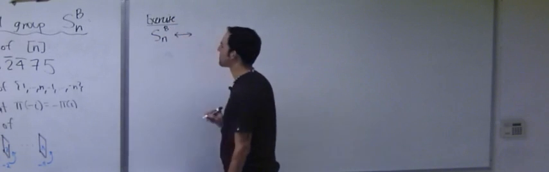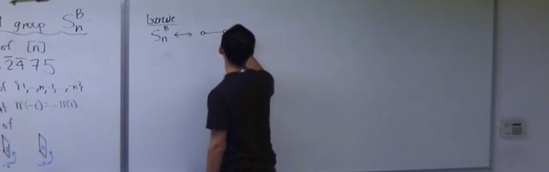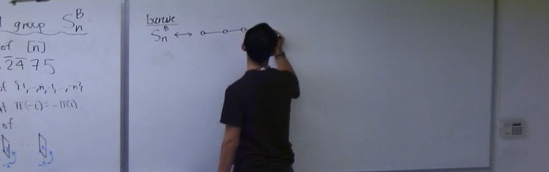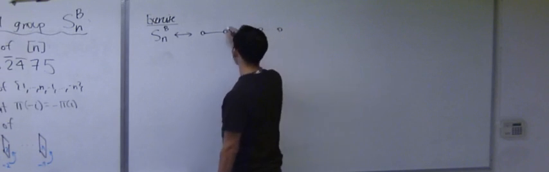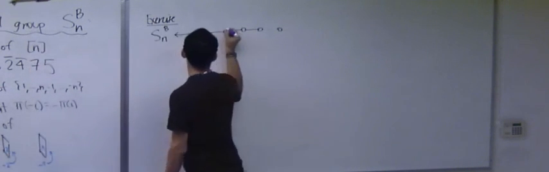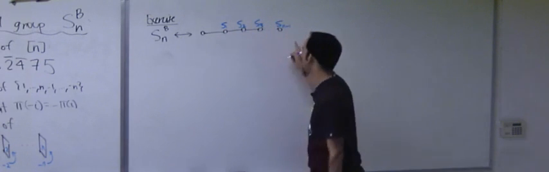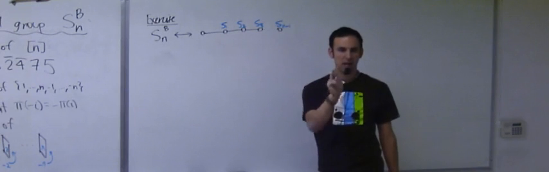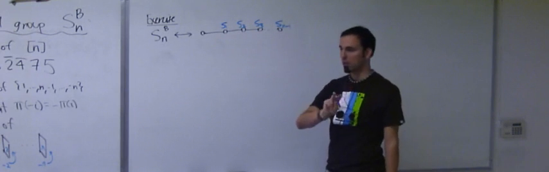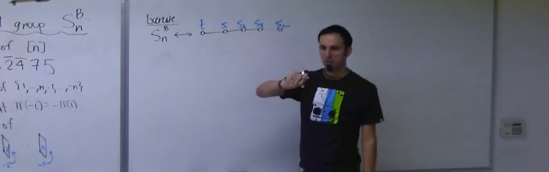S_n^B corresponds to the Coxeter diagram, where you have n nodes labeled S1, S2, S3, up to S_{n-1}, which are the usual flips of the ith and the (i+1)st card. And then this other one, which we might call T, and this corresponds to just flipping the top card.